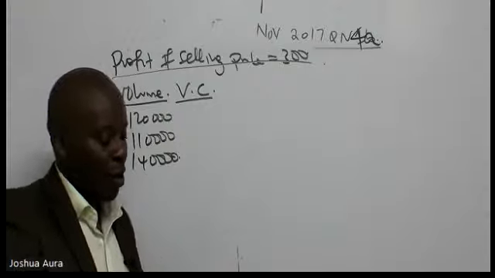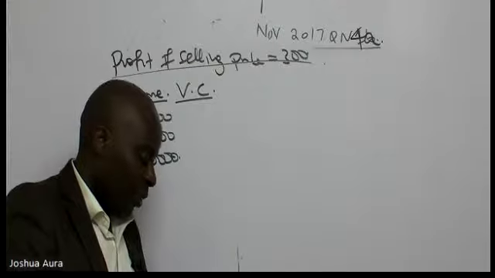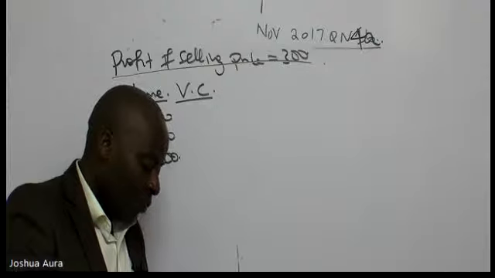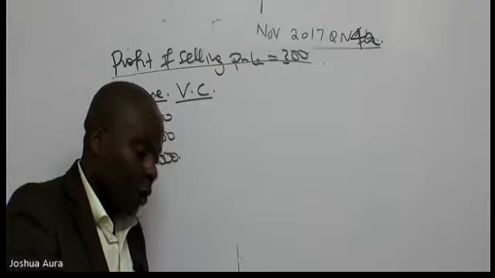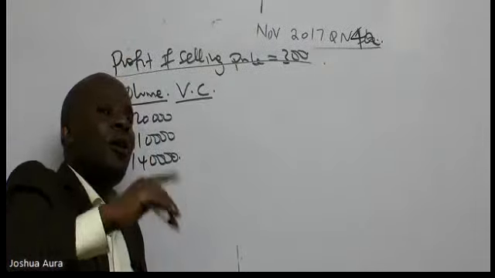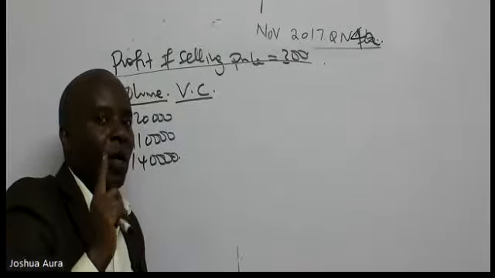So variable cost. Are you able to see the variable cost, ladies and gentlemen, here? The variable cost would be 120 per unit for production volumes up to and including 100,000. So 100,000 and below, variable cost per unit, 120.